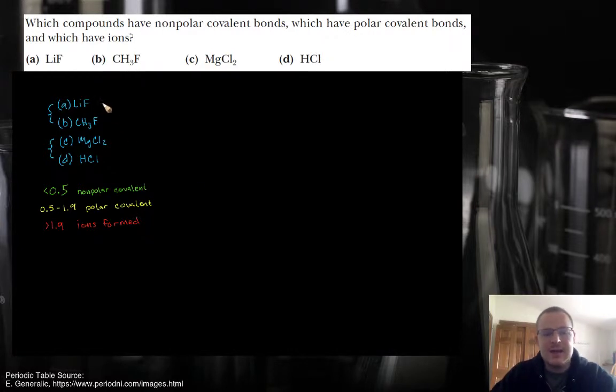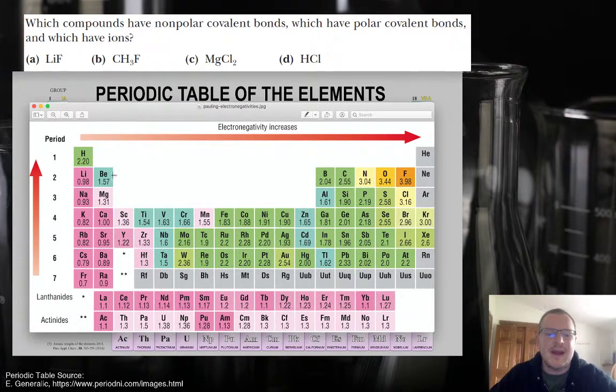So we'll say, for the time being, that ions are formed in the lithium fluoride, but we'll look to see why that happens. Lithium is over here in group 1, and fluorine is over here in group 7. So fluorine needs one electron to get a full octet and is very electronegative.